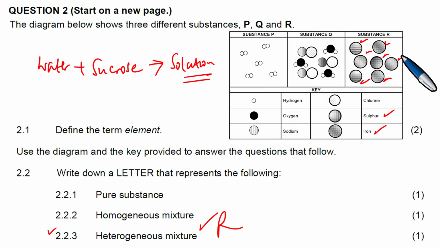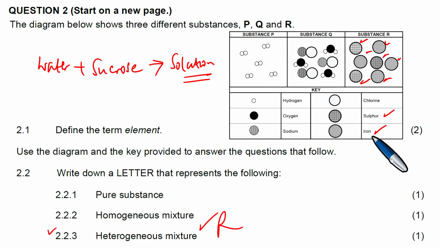So letter R gives us an example of what we call a heterogeneous mixture. Like what is evident is that we have sulfur mixed with iron, and that is the substance R. And sulfur mixed with iron qualifies to be a heterogeneous mixture.